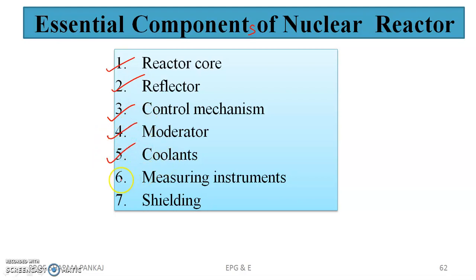Fifth is coolants. Sixth is measuring instruments. And the seventh is shielding. We have seen in the start of this video what the reactor core is actually doing.